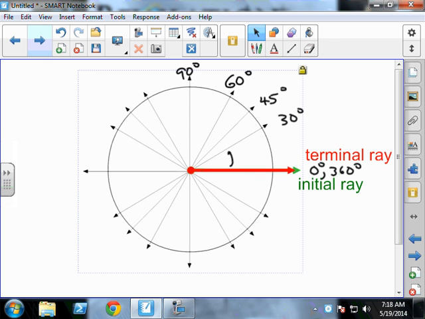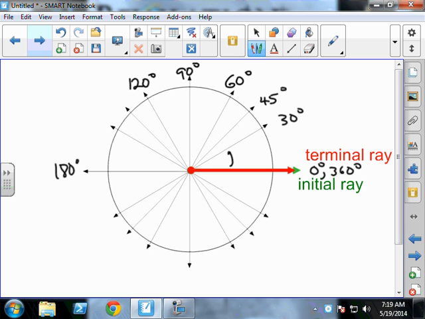And you say, well, what about the rest of it? Well, the rest of it, it's going to be the same increments. It's just going up from 90, we've spun another 30 degrees. So 90 and 30 is going to give us 120 here. Then you say, well, I know 180 is a half circle, so this is 180 over here on the left, and halfway between 90 and 180, we need to add 45 to 90, so that's going to be 135.